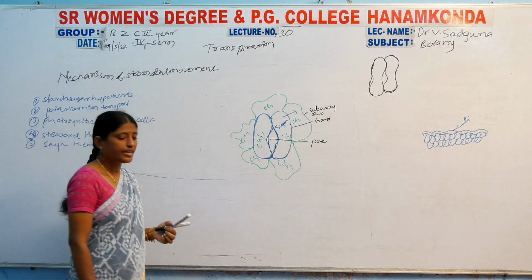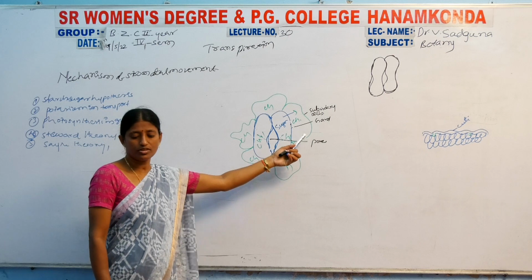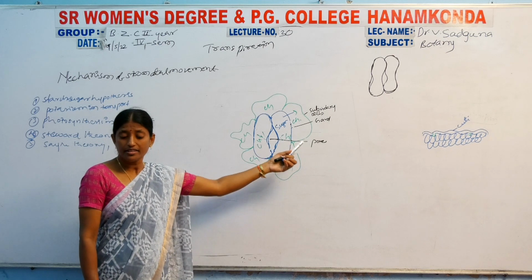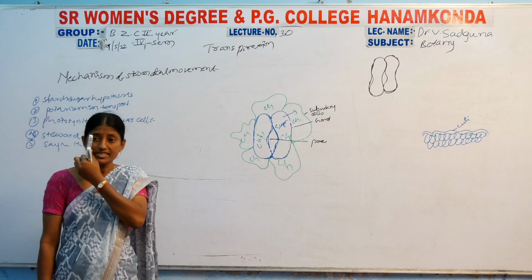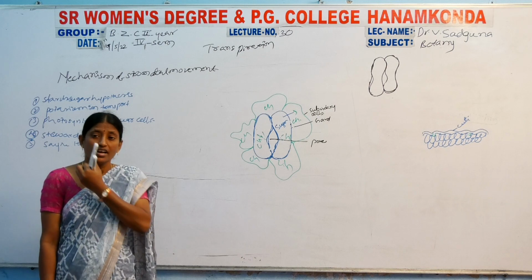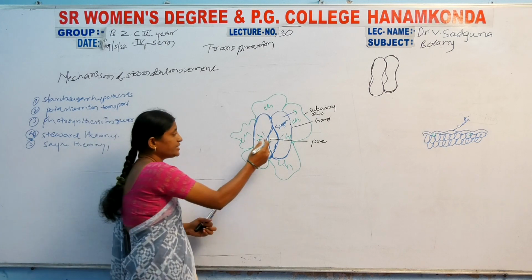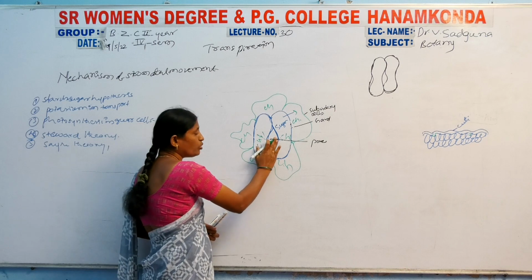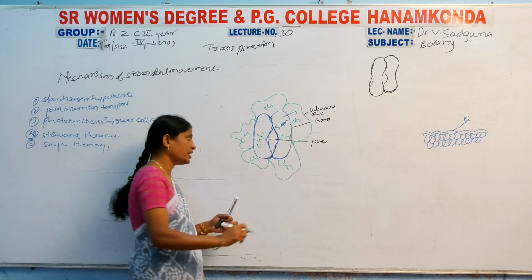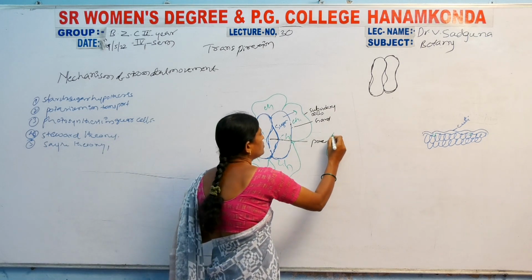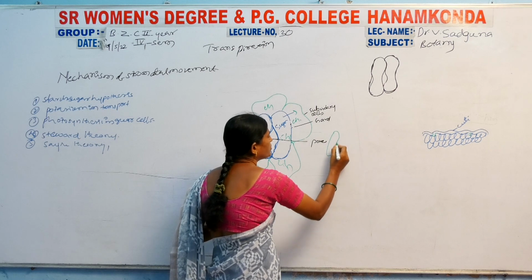Sometimes, when the starch has completely transferred, in this case this one is the closed type of stomata. For example, the closed type of stomata.